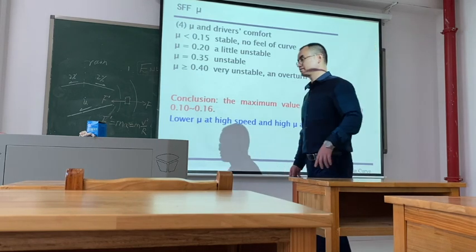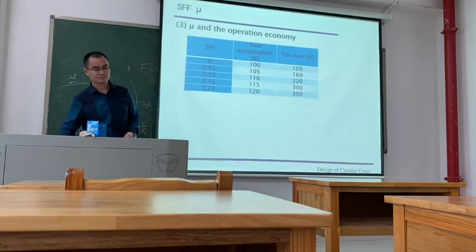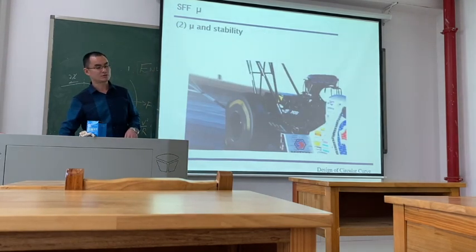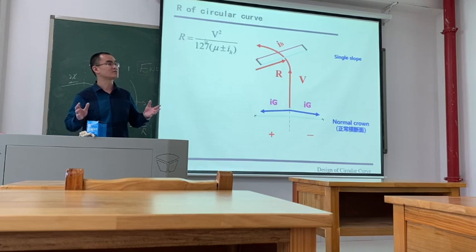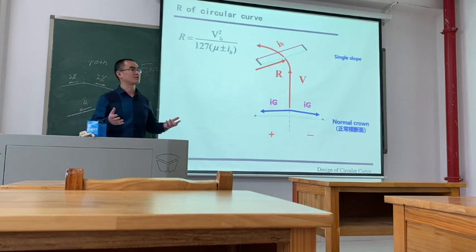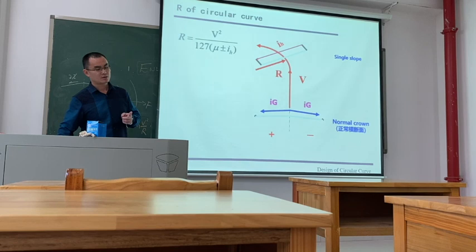It's the same thing with the speed. The speed is constant. When the speed is constant, R bigger, IH smaller. R smaller, IH bigger.